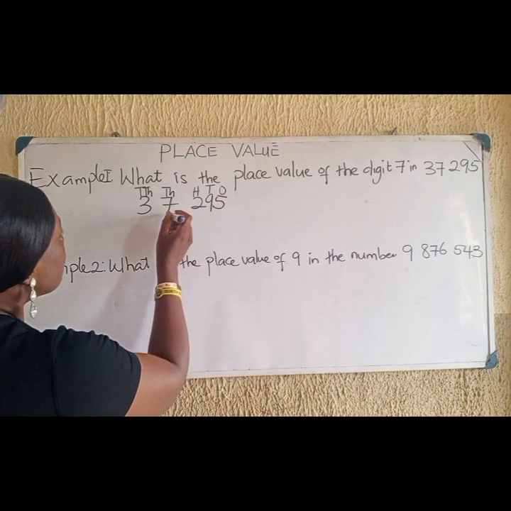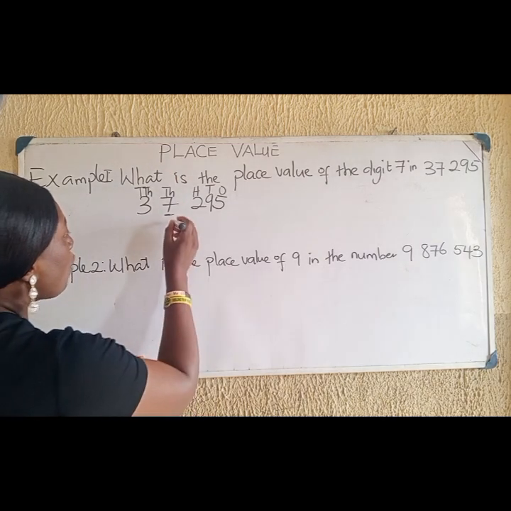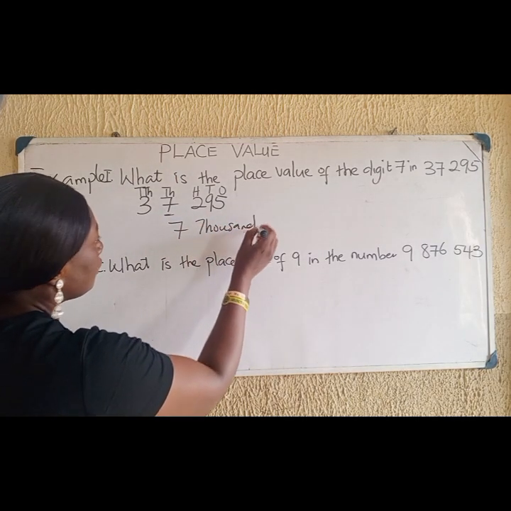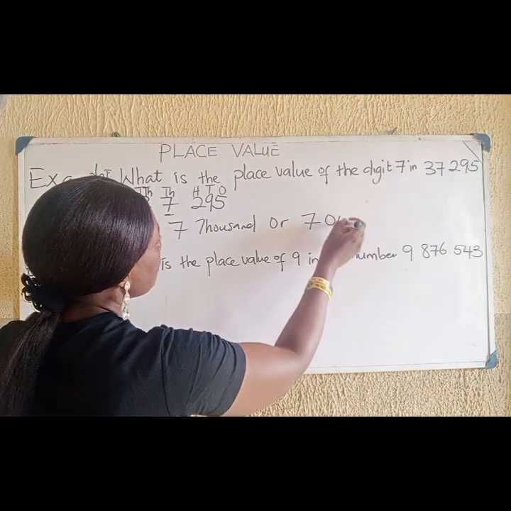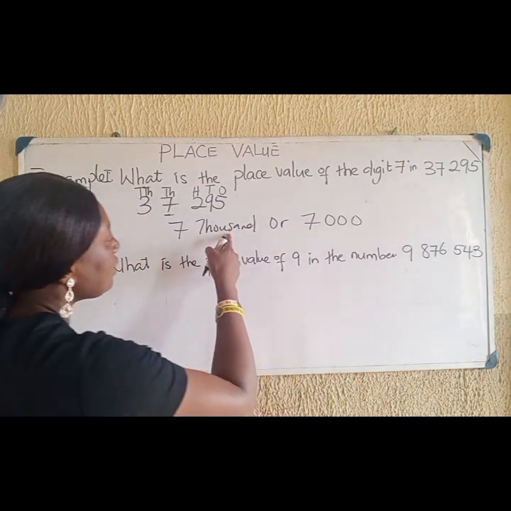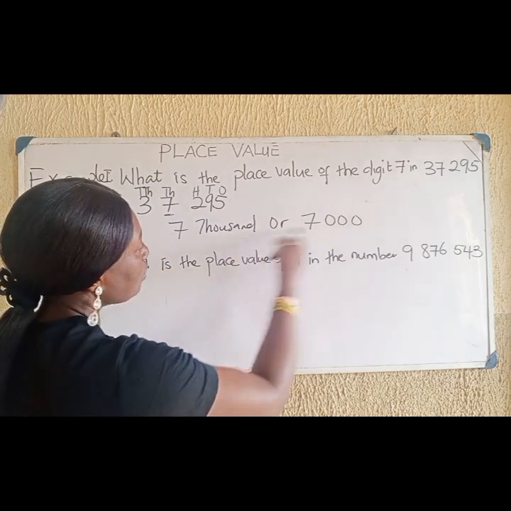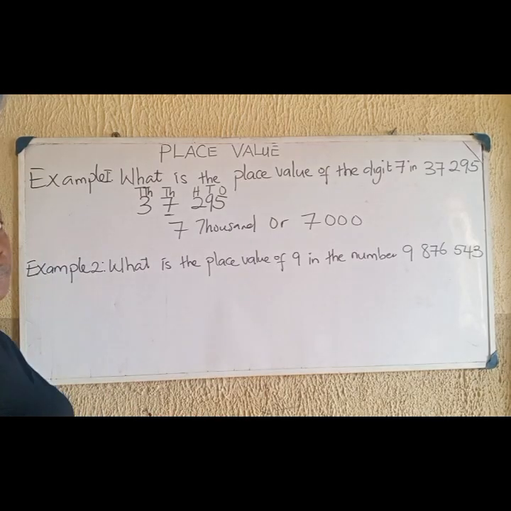So when you look at this 7 now, the 7 is under what? 1,000. So I'll call it 7,000. Or I can write it in this form, 7000, because 1,000 is what? 1 with 3 zeros. So 7 times 1,000 will give me what? 7,000. I hope it's clear.